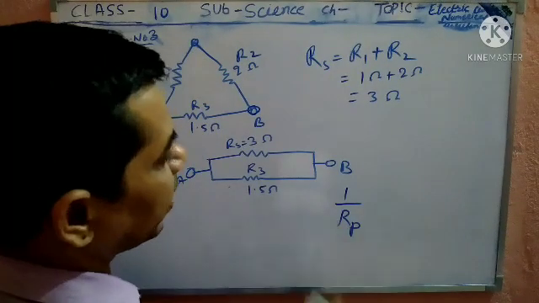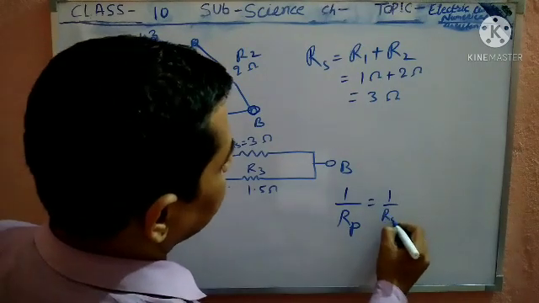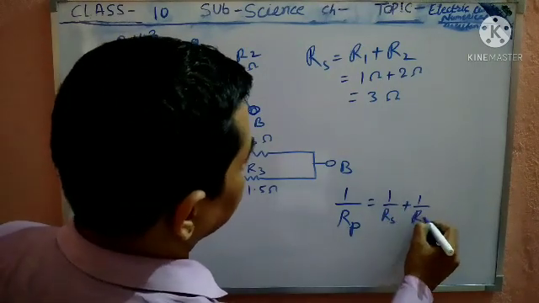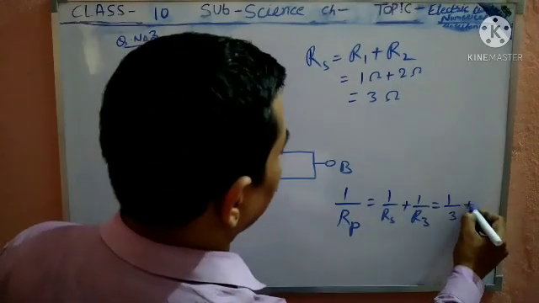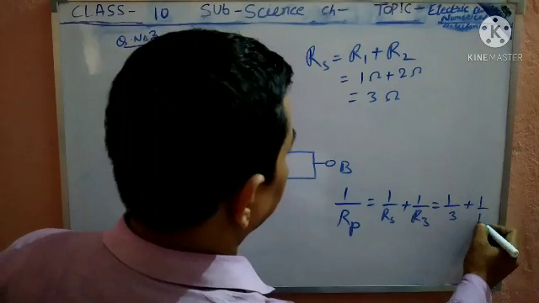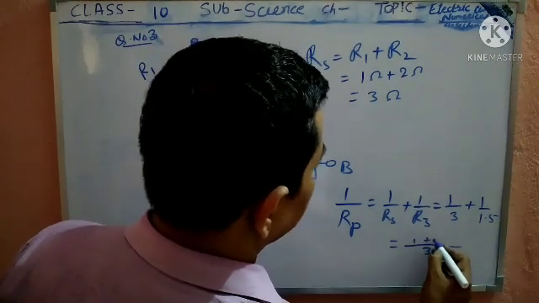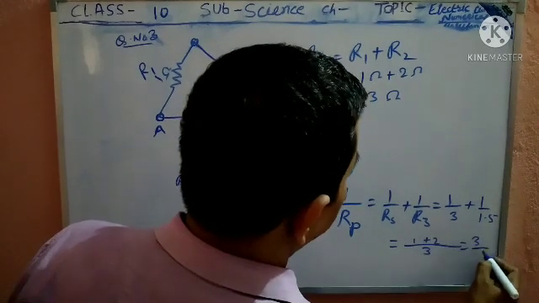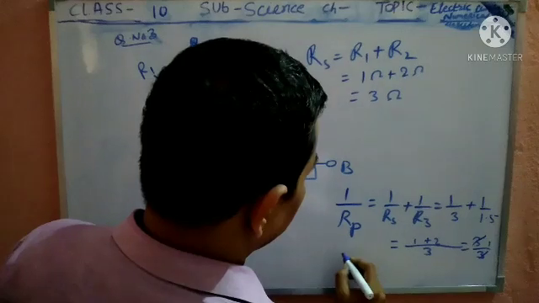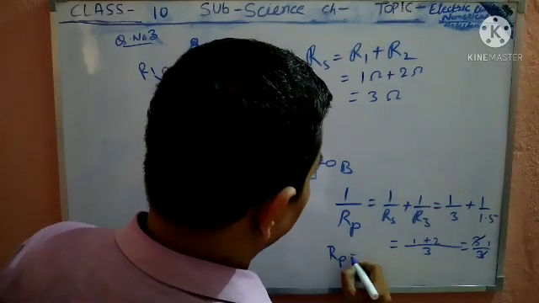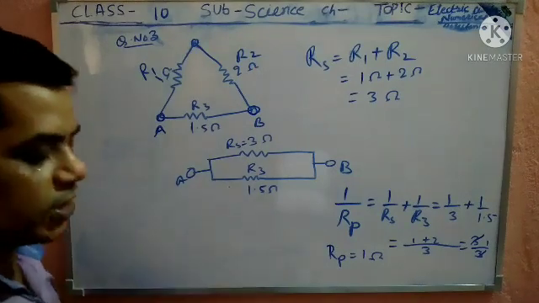The parallel formula is 1 by Rp equals 1 by Rs plus 1 by R3, that is 1 by 3 ohm plus 1 by 1.5 ohm. Taking LCM 3, 1 plus 2 is 3 by 3, which cancels out to 1. So Rp comes to 1 ohm. Solve these types of questions this way.